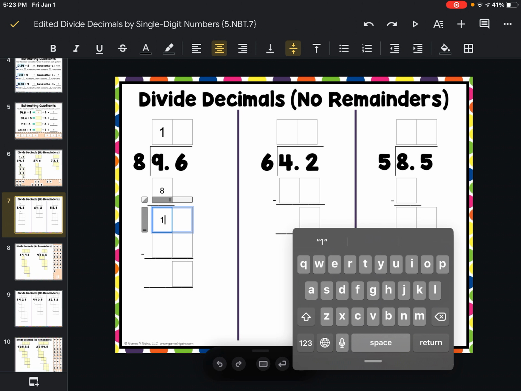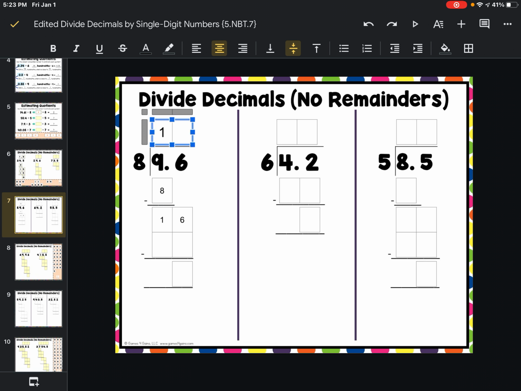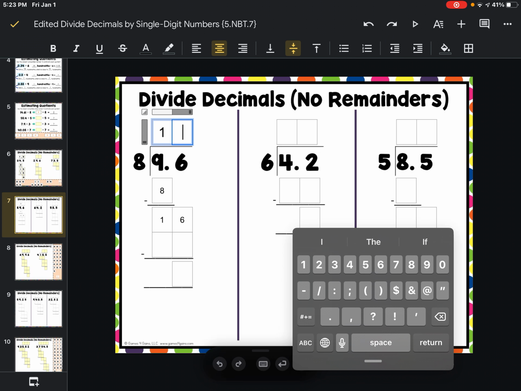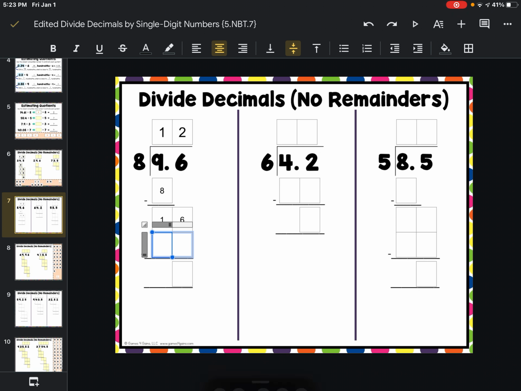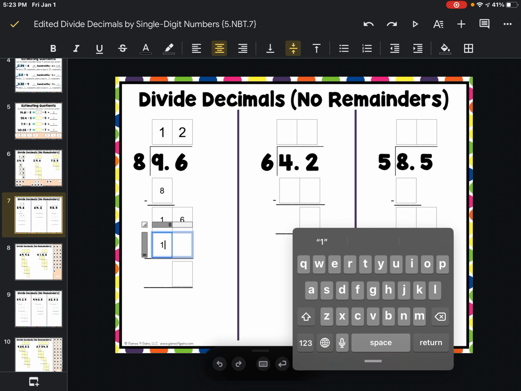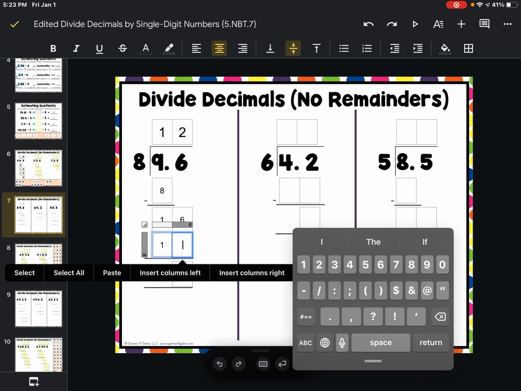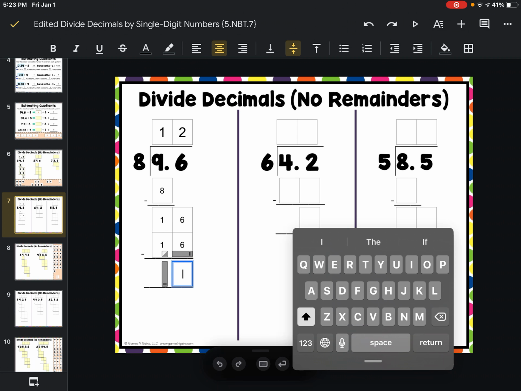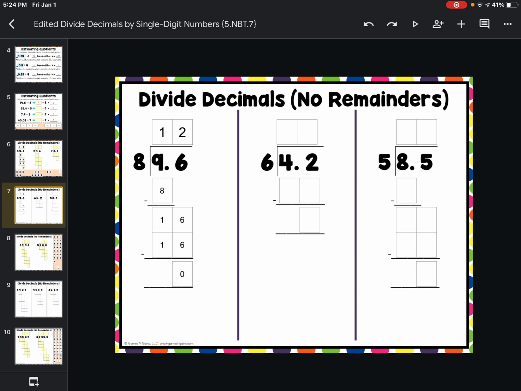So let me write in there. There we go. I bring down my 6. 8 times 2 is 16. And when we subtract, we end up with a 0. Yes, you still have to put a 0 there, even though it's 1 extra step. It's part of our math. You have to do that.